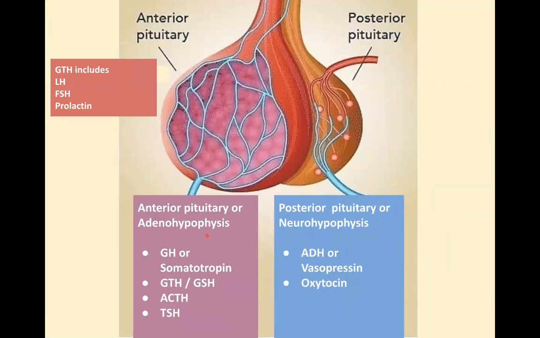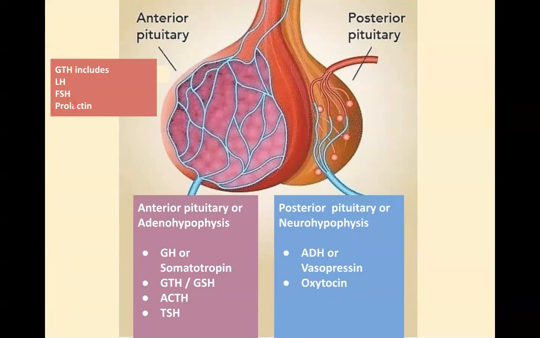The hormones produced are growth hormone, also called somatotropin. Gonadotrophic hormone, GTH, or gonad stimulating hormone. This hormone further includes three hormones: the luteinizing hormone, the follicle stimulating hormone, and prolactin.